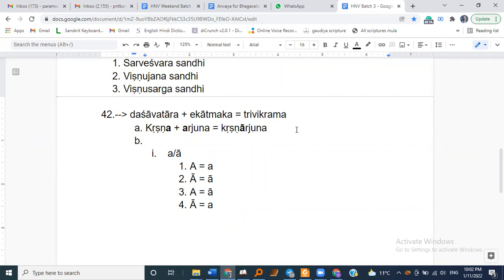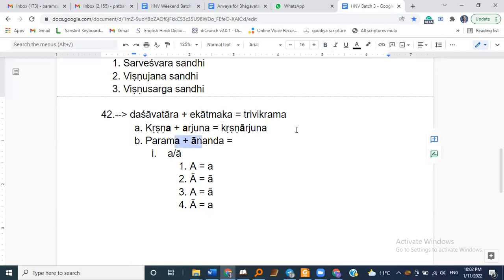Any other example? Just any random example. Let's say Parama Ananda. Again, we have A, which is a Dashavatara, then A, which is an ekatmaka of the Dashavatara.